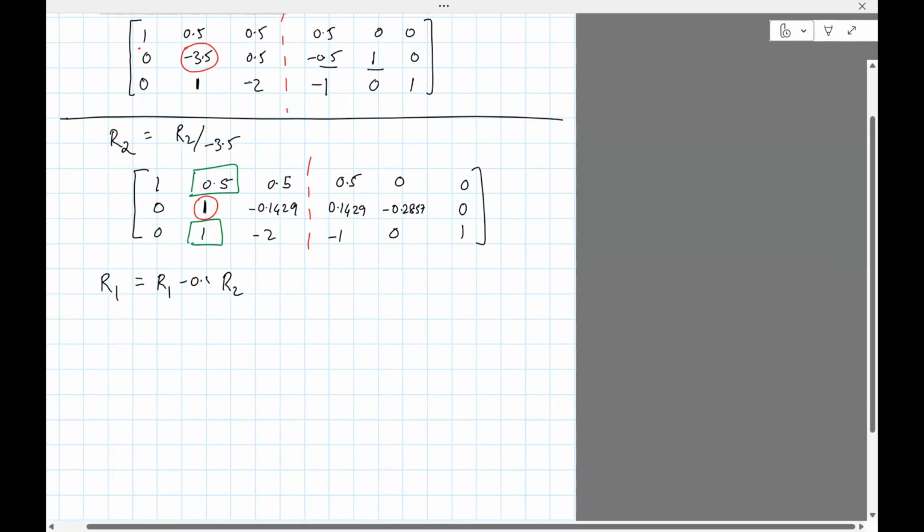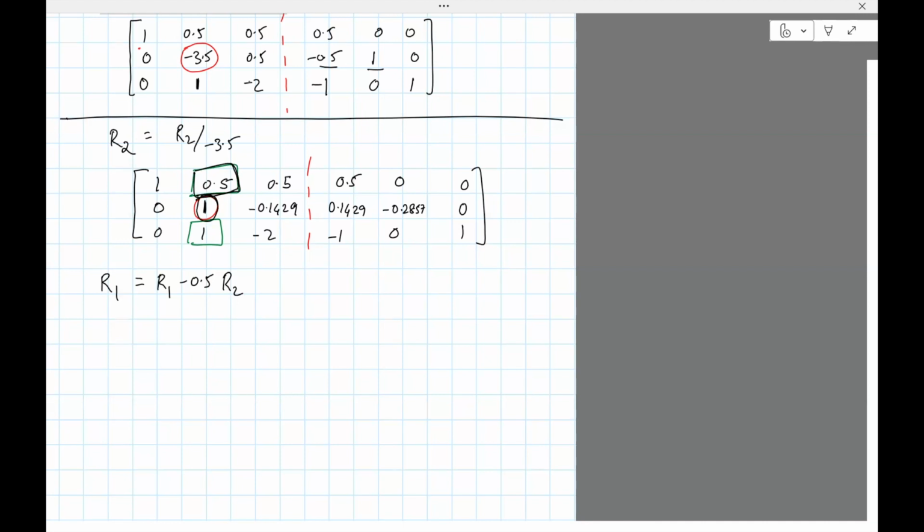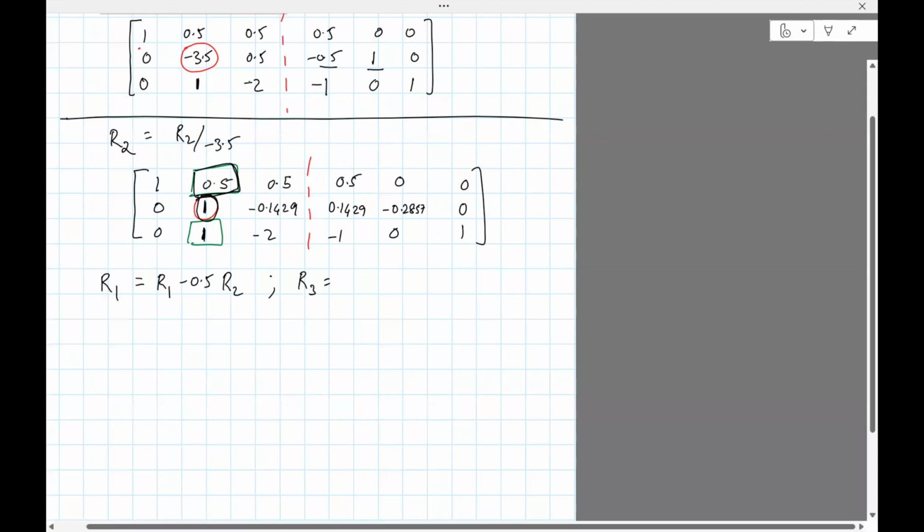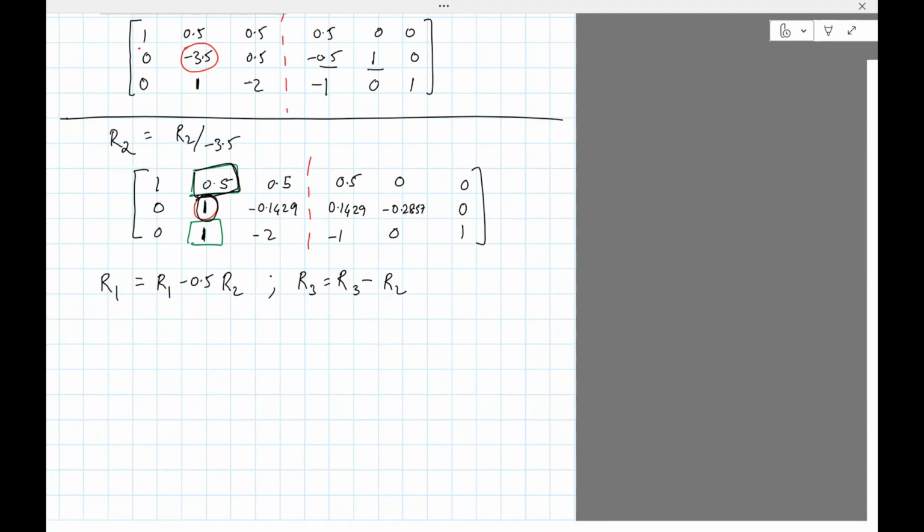New R1 would be old R1 minus 0.5 R2, which makes row 1, column 2 equal to 0. Similarly, to get a 0 in row 3, row 3 equals the old row 3 minus row 2.